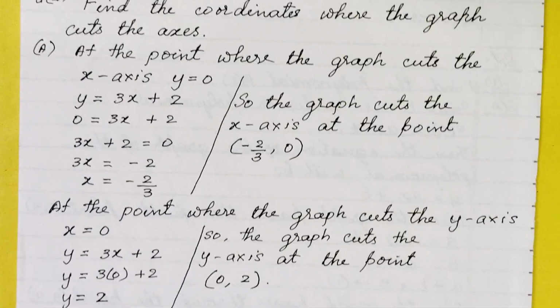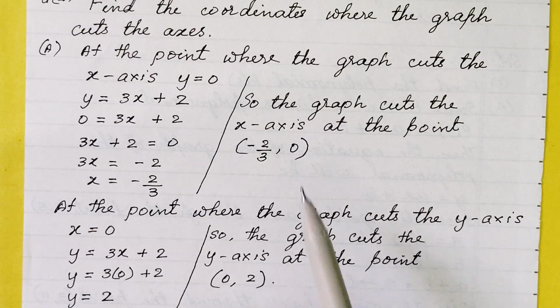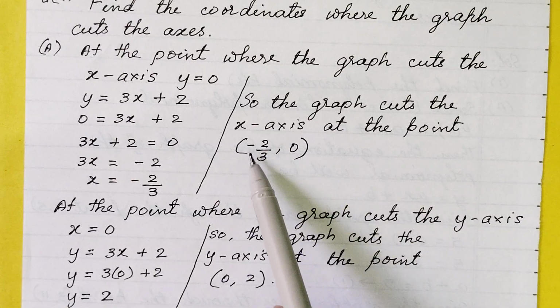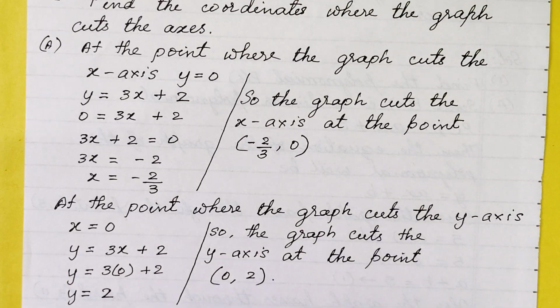So now we have found the coordinates of the graph. We have found the coordinates where the graph cuts the x-axis and the y-axis. Graph cuts the x-axis at minus 2 by 3, 0, and it cuts the y-axis at 0, 2. So now next we will draw the graph and we will verify the answers given by us.